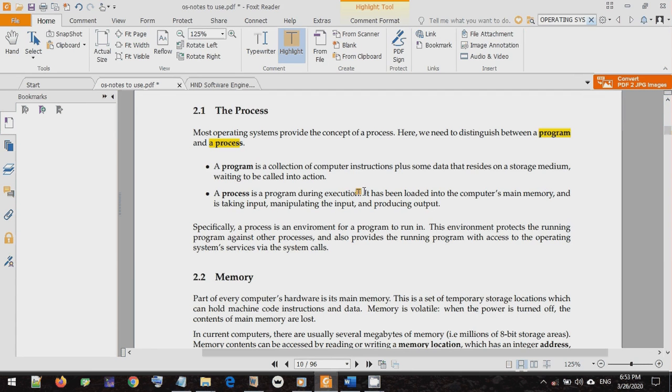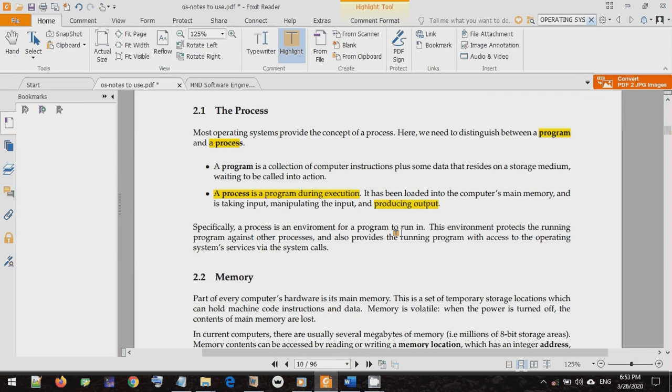Now, the difference between a process and a program. A program is a collection of computer instructions with some data that resides on the storage medium waiting to be called into action. On the other hand, a process is a program during execution.